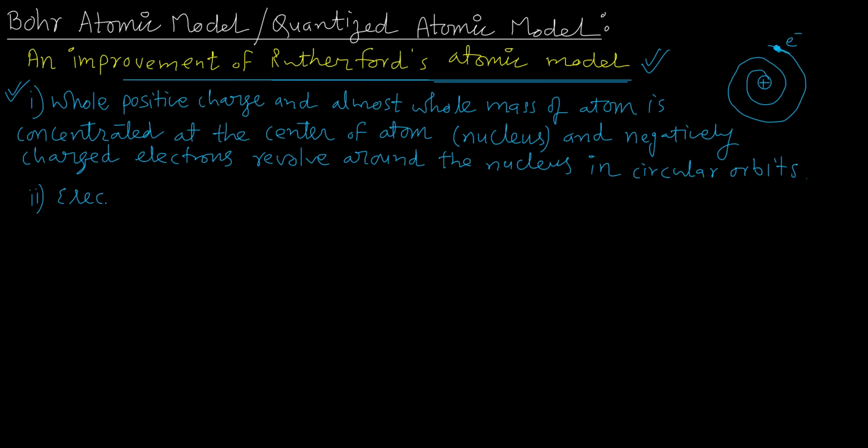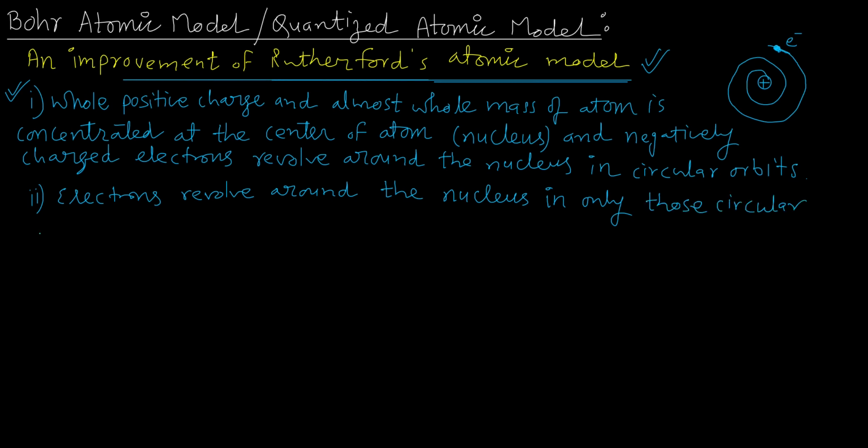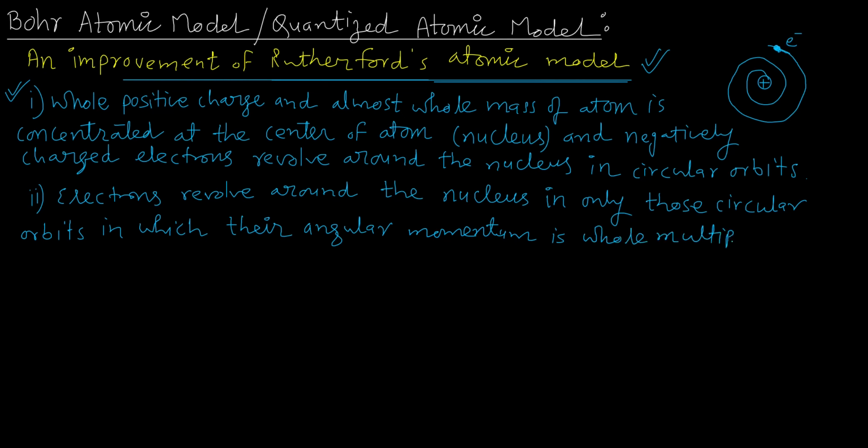Bohr says that electrons revolve around the nucleus in only those circular orbits in which their angular momentum is whole multiple of h upon 2 pi.